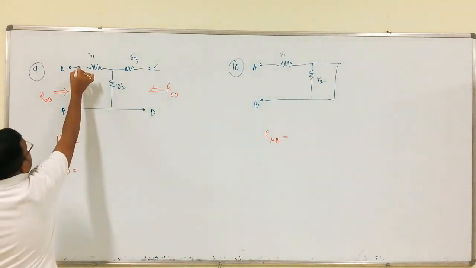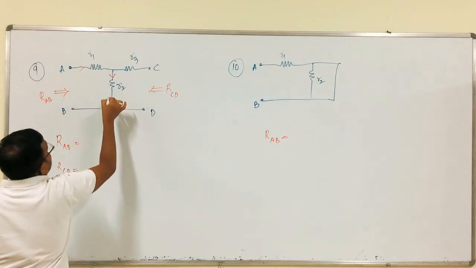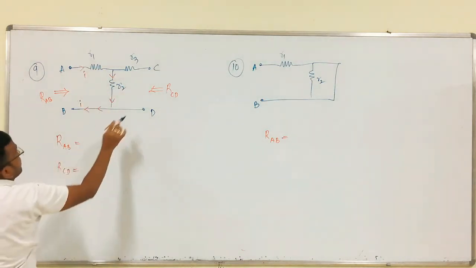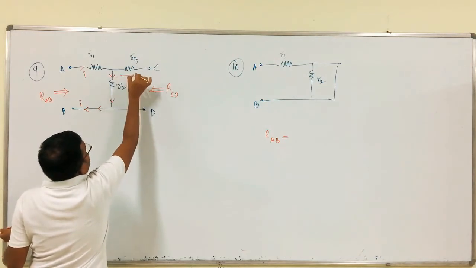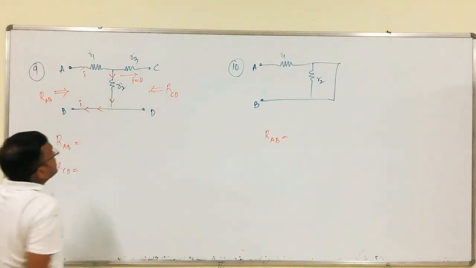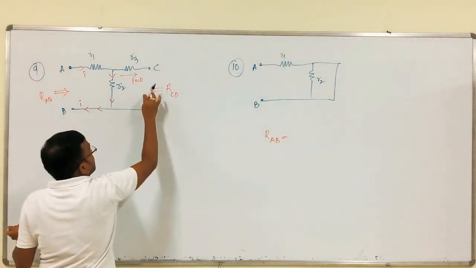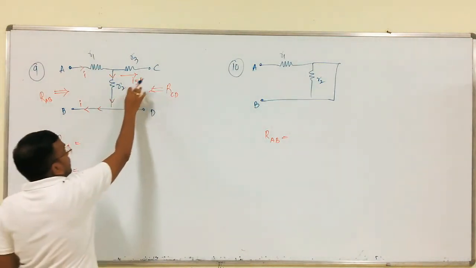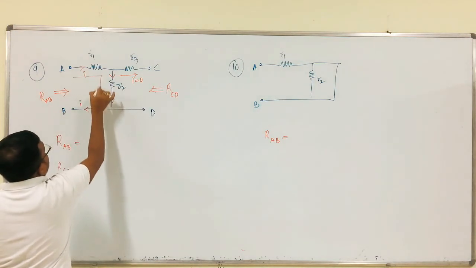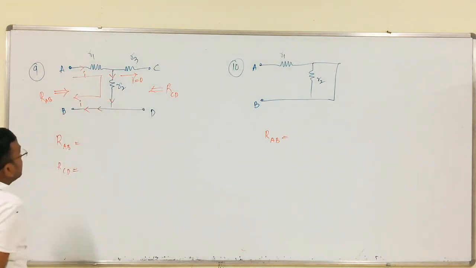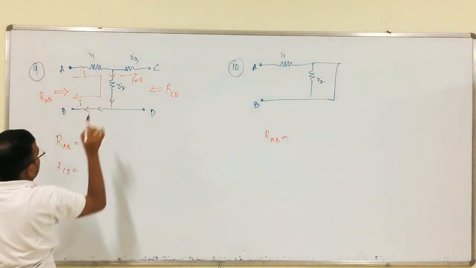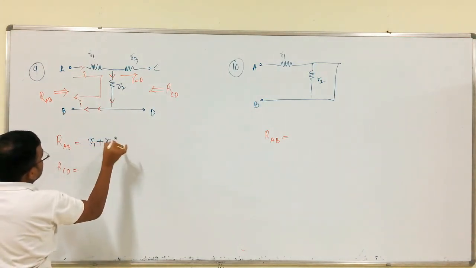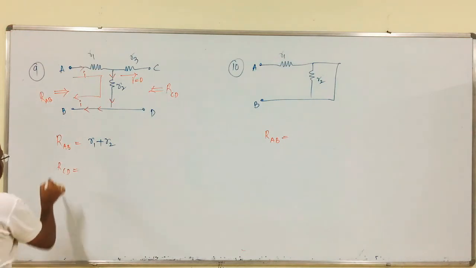Therefore, see the current, the same amount of current can be like this, I. There is no current through this, I is equal to 0. Why is I equal to 0? Because these two terminals are open circuited, therefore, there is no current through this path, only the current can be like this. Therefore, R1 plus R2. The answer is RAB, R1 plus R2, right.